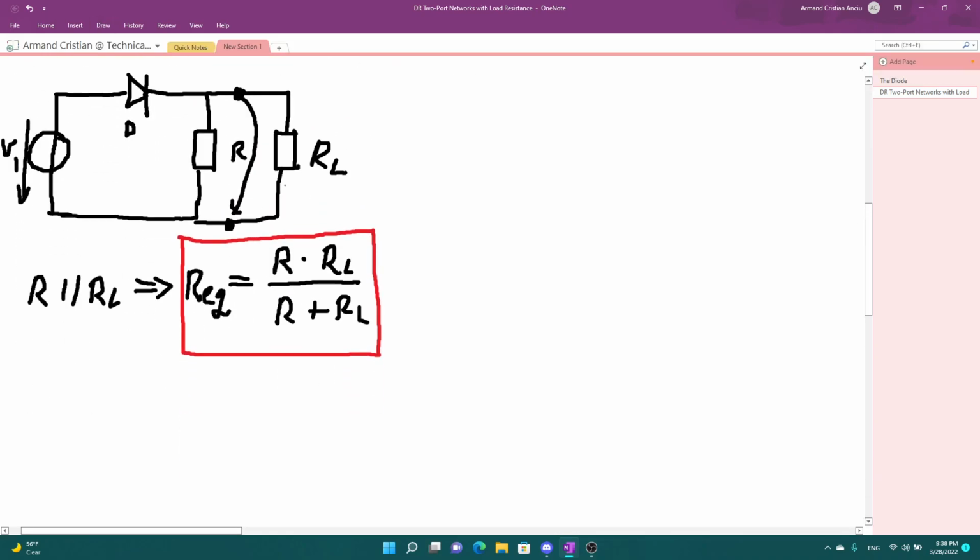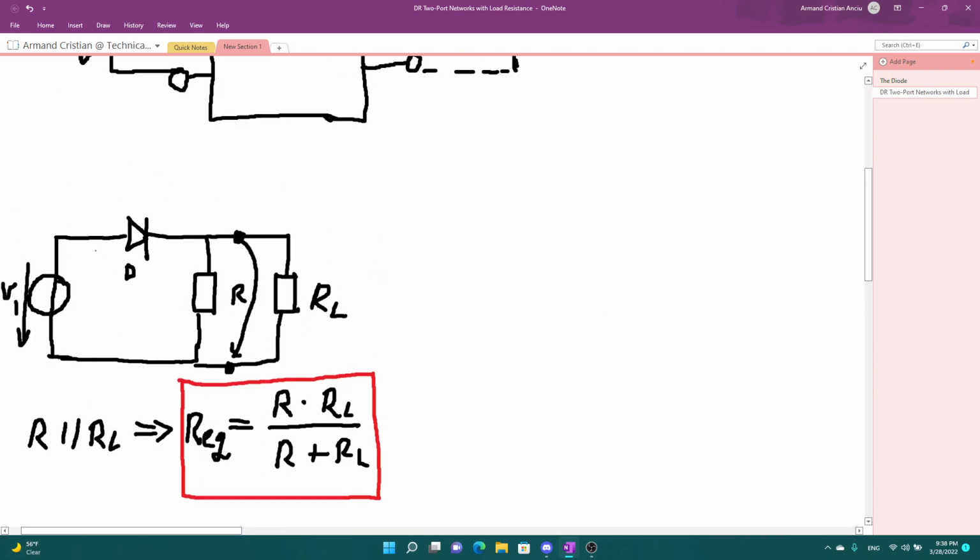In theory, whether we use this circuit with R and RL, or we use this circuit, which I'm going to draw right now, it should not matter if we use this circuit with two resistors in parallel, or the equivalent resistance of the two previously mentioned resistors, R and RL.